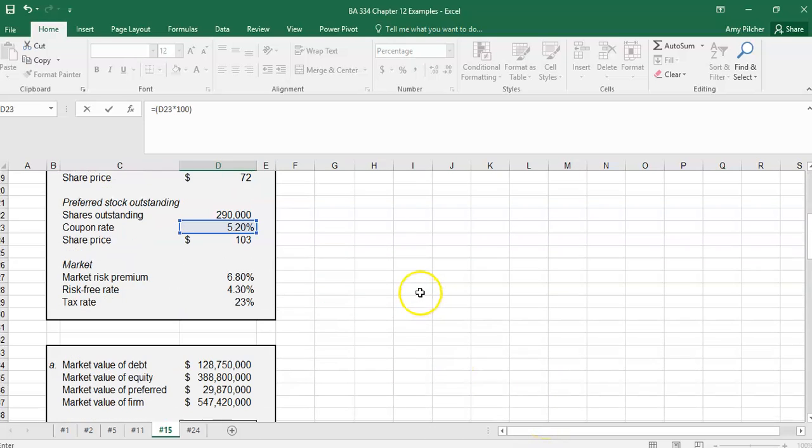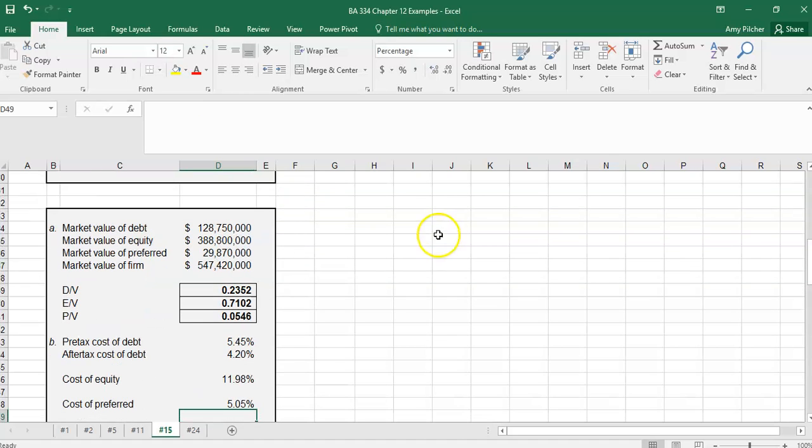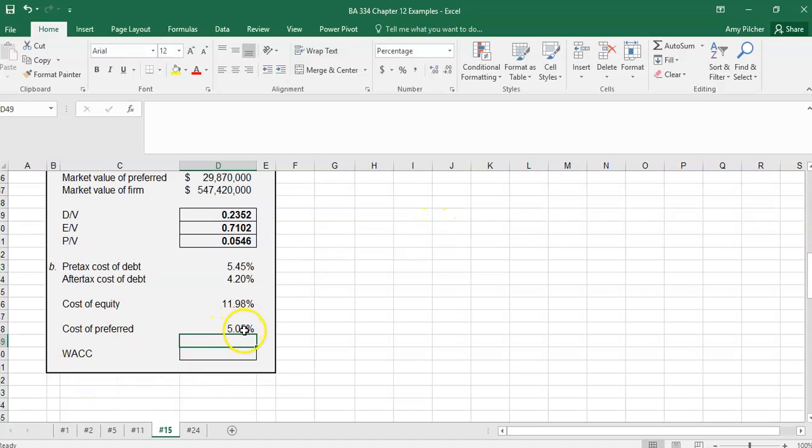So that gives us our dividend, divided by our share price of $103. We get a cost of preferred equity of 5.05%.